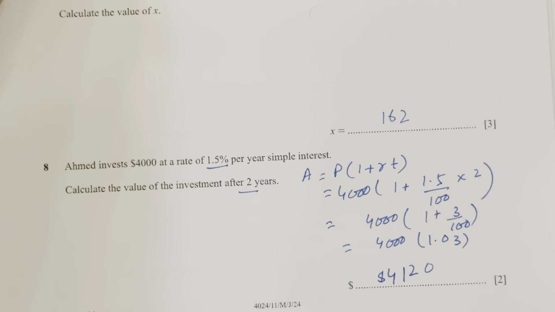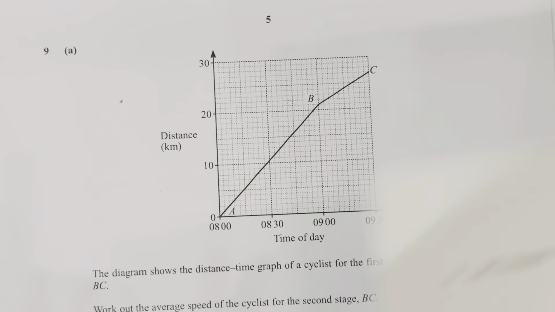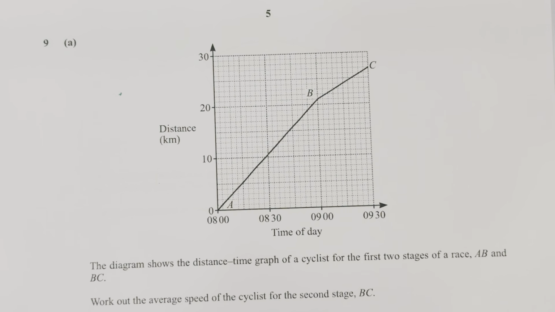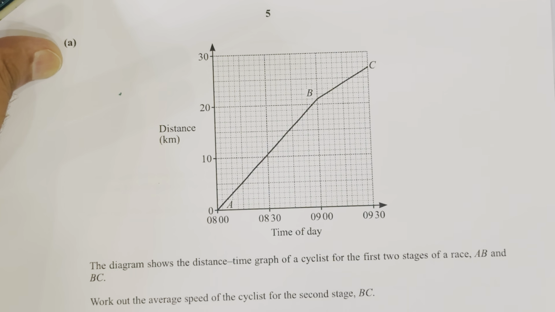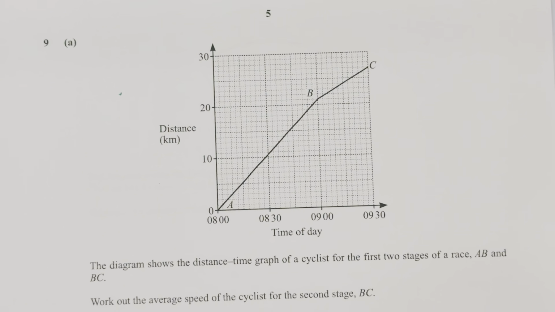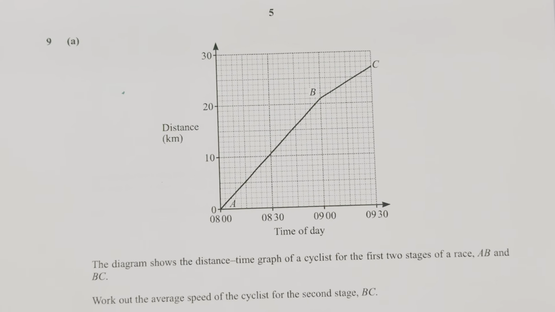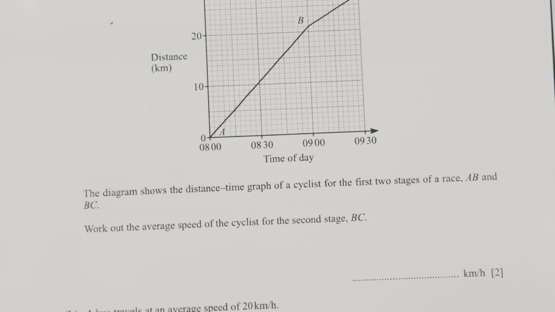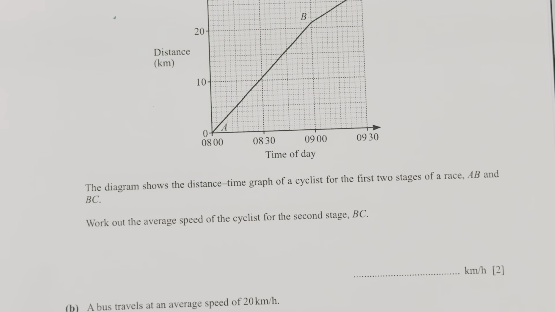Okay, moving to question number 9. It is from the topic of kinematics. The diagram shows the distance diagram for the cyclist for the first two stages of a race, AB and BC. Work out the average speed for the cyclist for the second stage BC. Okay, we need to find the second stage.